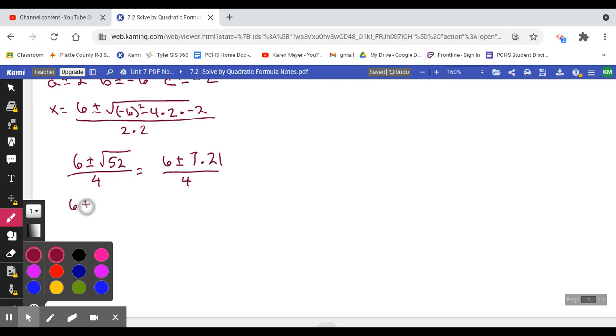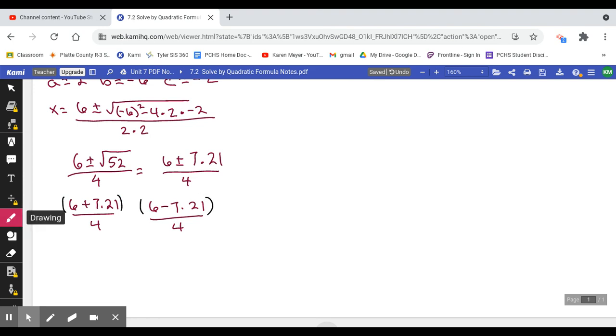So then I'm going to go 6 plus 7.21 over 4, and 6 minus 7.21 over 4. And if I type that into my calculator, I will come up with 3.30 and negative 0.3.